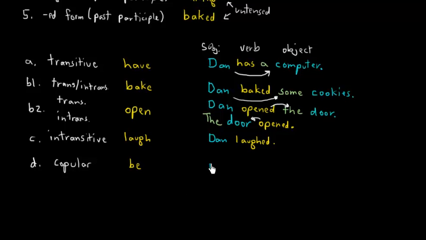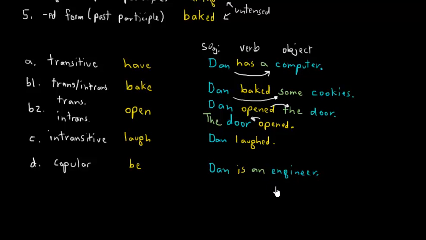So let's put an example up. Dan is, what is Dan? Dan is an engineer. It's always a good thing. So an engineer. Is Dan doing something to an engineer?